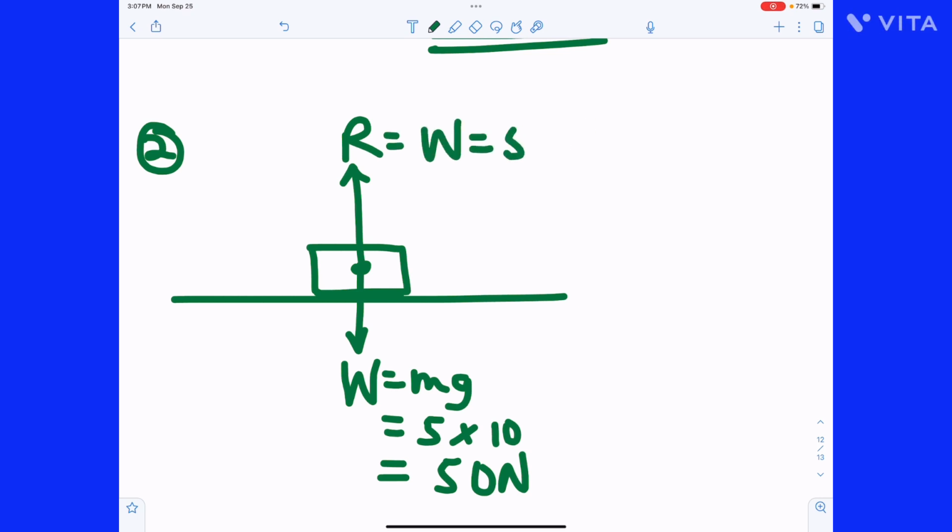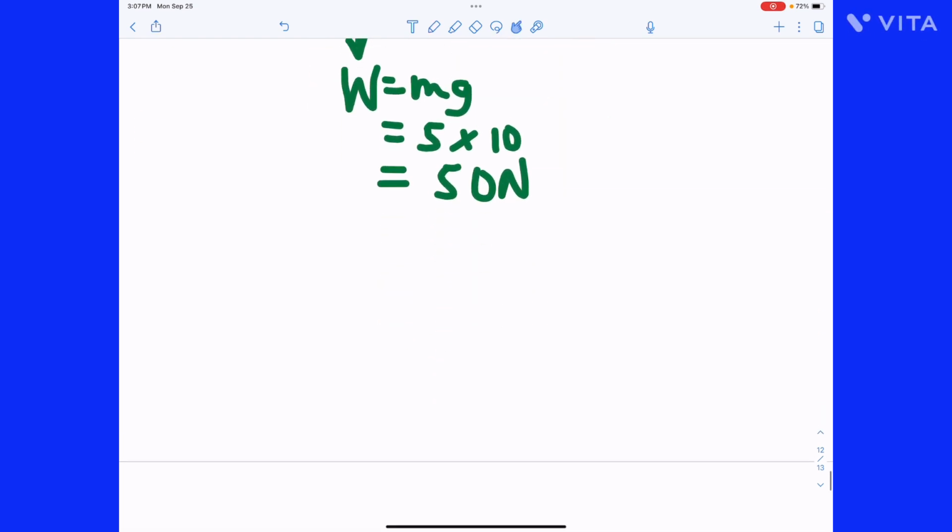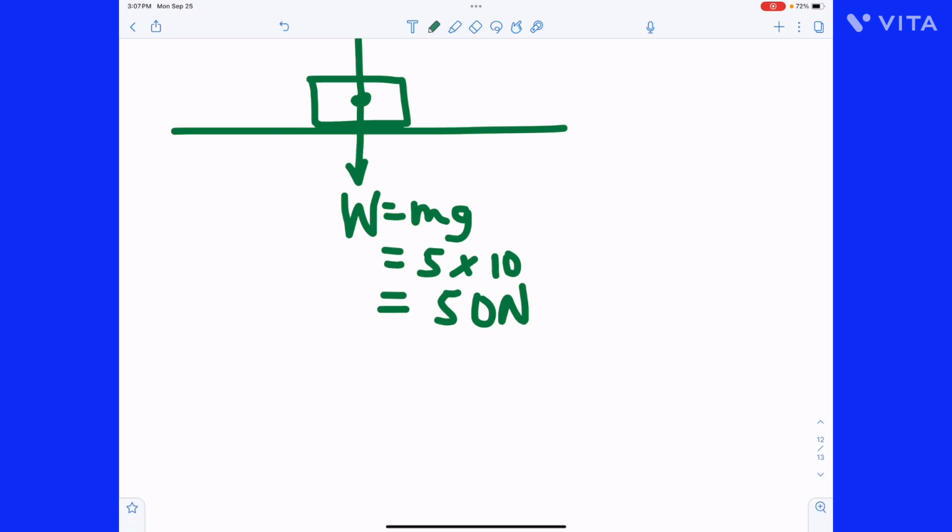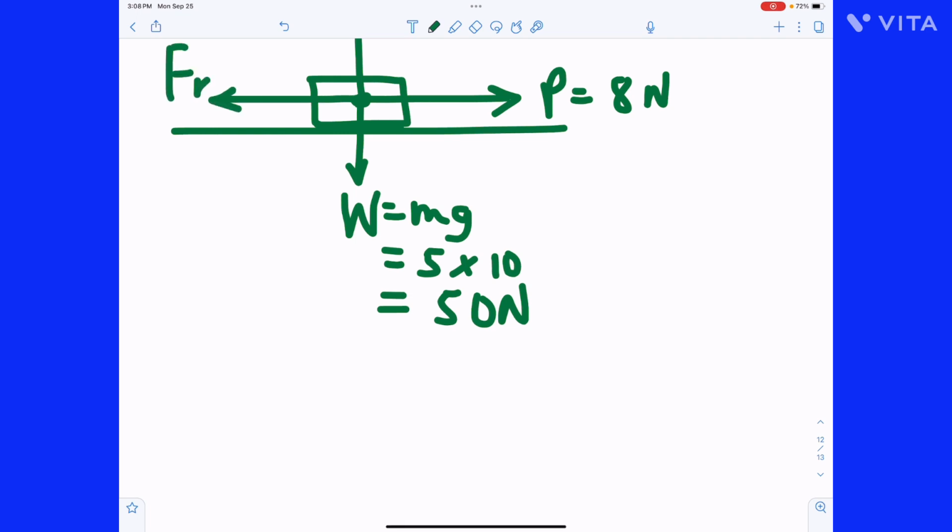The question says a force of 8 Newton is just enough to make the block slide. So when P is 8 Newton, P equals the frictional force, so the frictional force is 8 Newton.